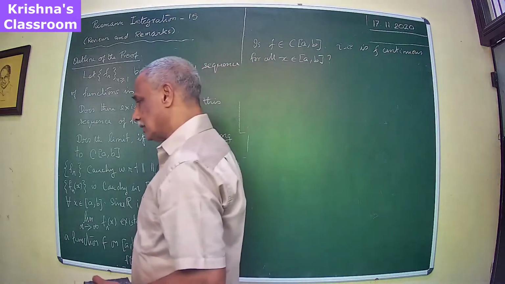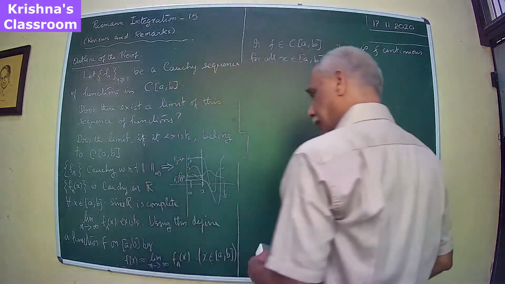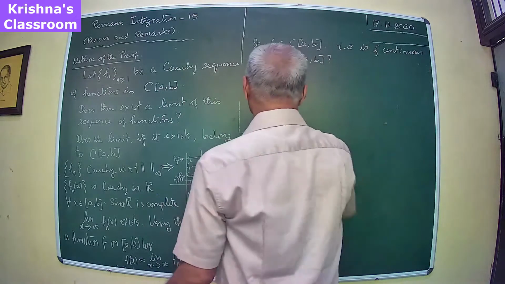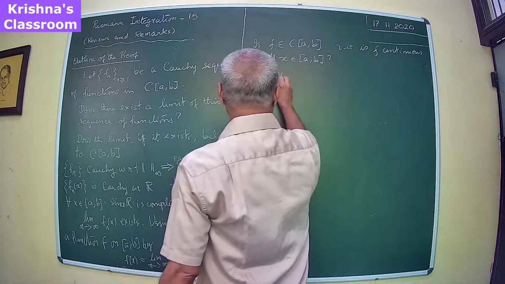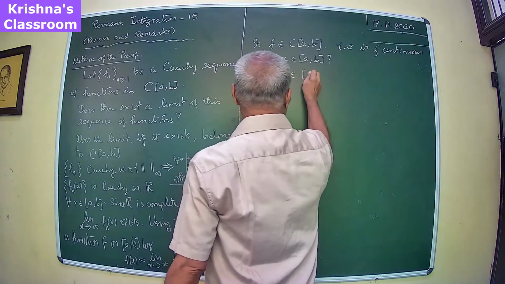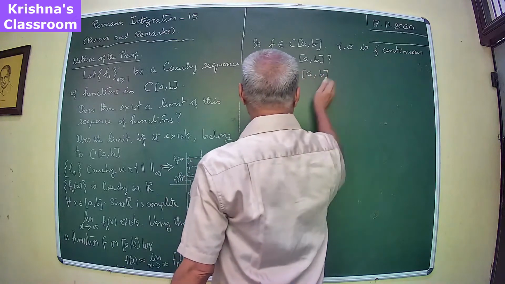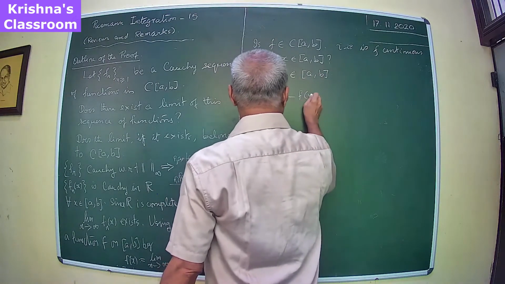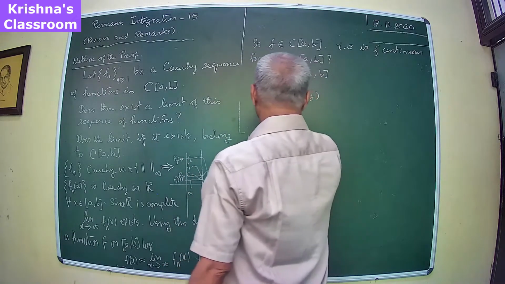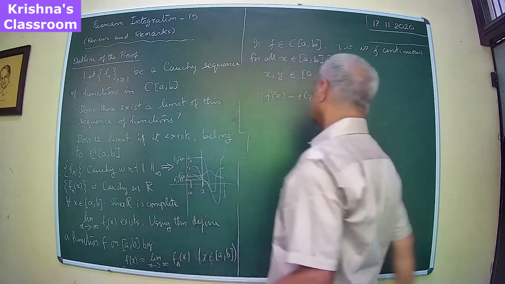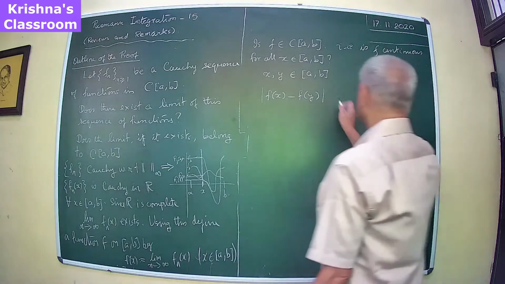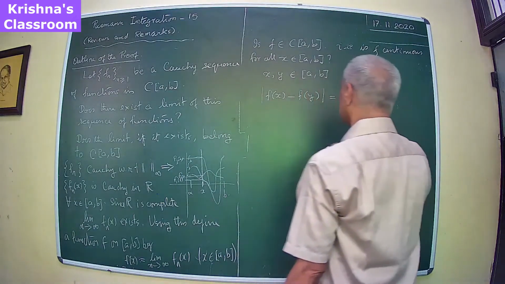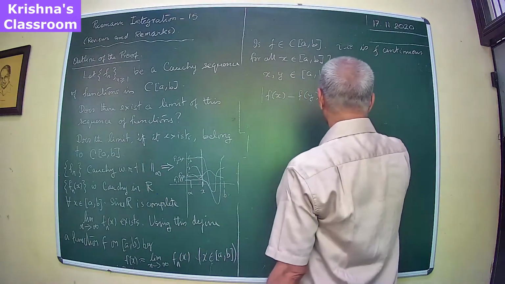Choose a point x and then a neighboring point, etc. So you choose x, y, maybe, and then estimate this. What do you do? You estimate this using this one.